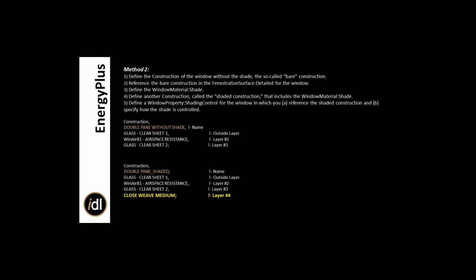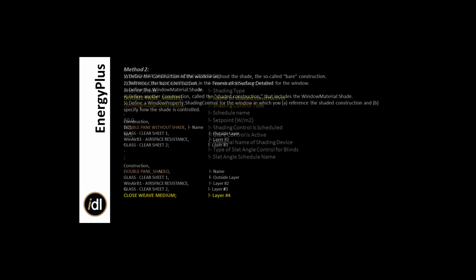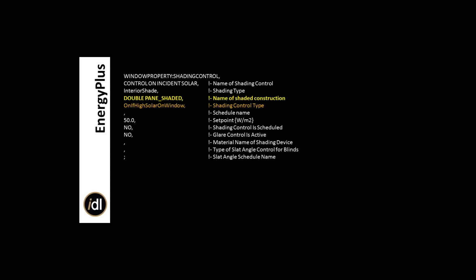But remember to use this name of the construction with shade here in your shading control with this name of shaded construction, and make sure that you don't need any material name for your shading device.